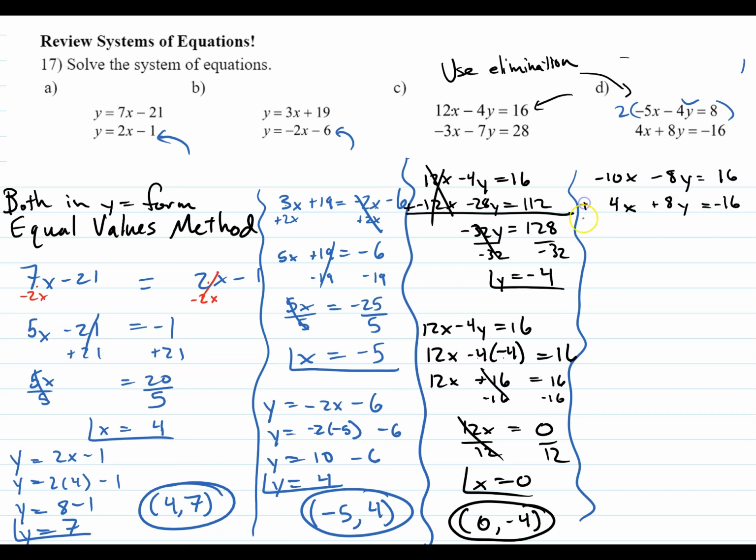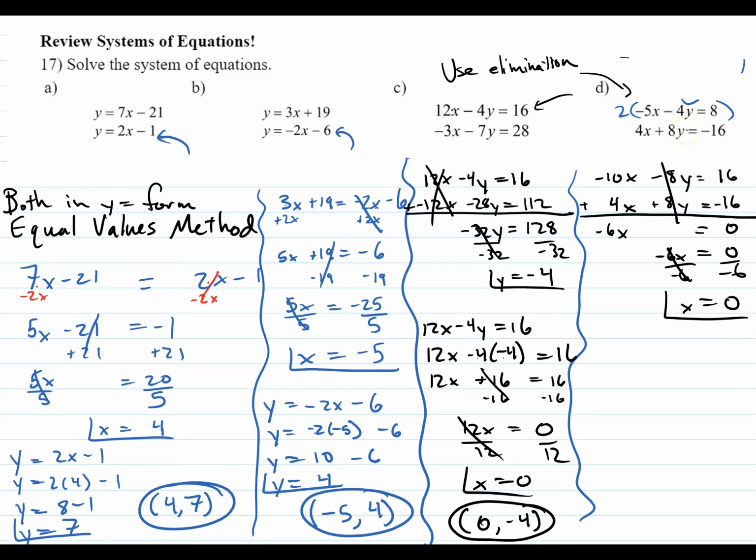And now let's just add the two equations together. Negative 10x plus 4x is negative 6x. Negative 8y plus 8y cancels, it eliminates, and that's equal to 16 minus 16, which is 0. Negative 6x equals 0. Divide both sides by negative 6, and x equals 0. 0 divided by anything is still 0.